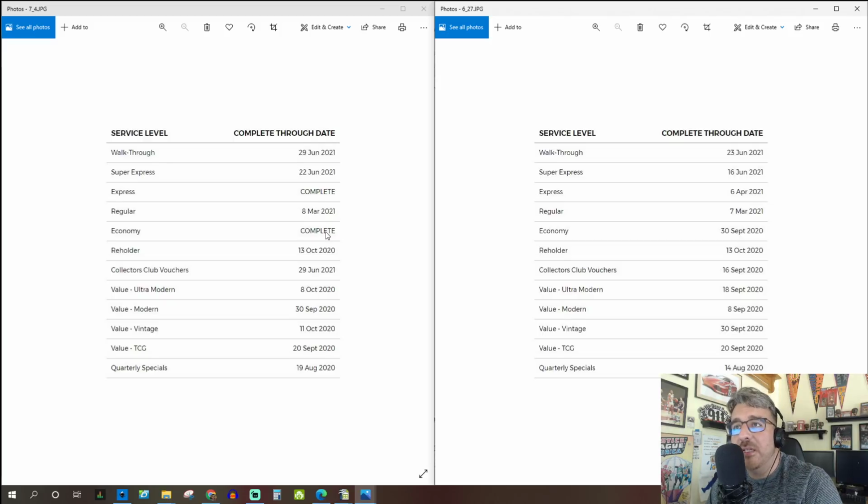Now, I know that they said that they were complete with logging in orders, and I certainly hope that's not what this was meant to be all along, which was we've logged in every order up until this point. Or the oldest order that we've logged in is this. Like in this case, walkthrough June 20th. I don't know, guys. I really don't know what this means. This is so stupid.